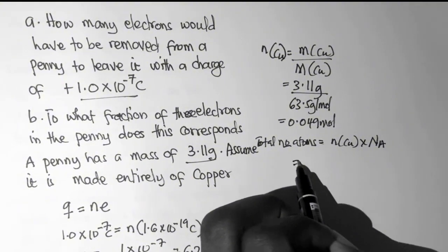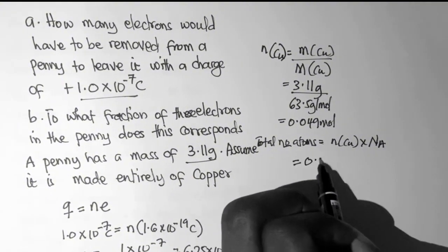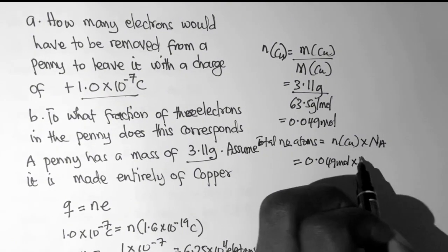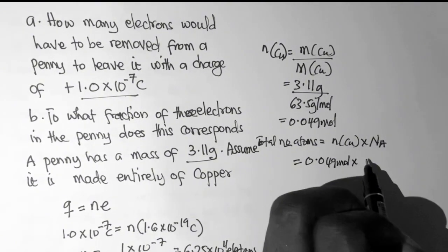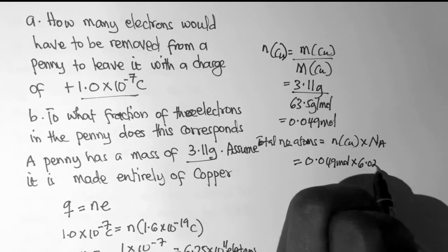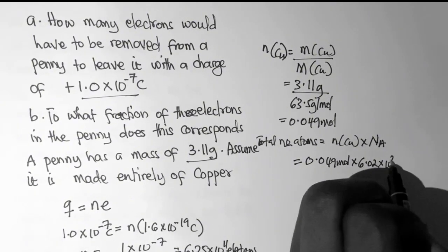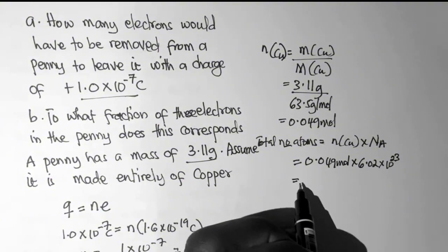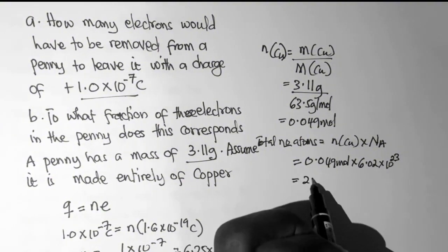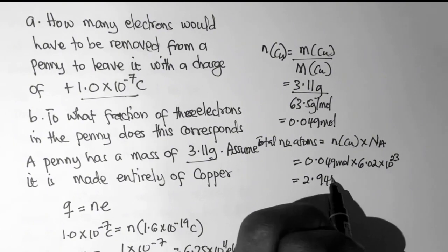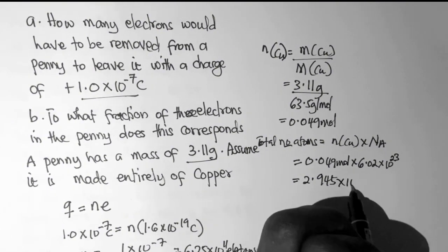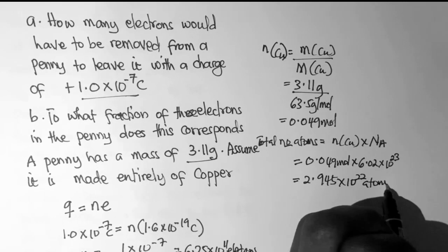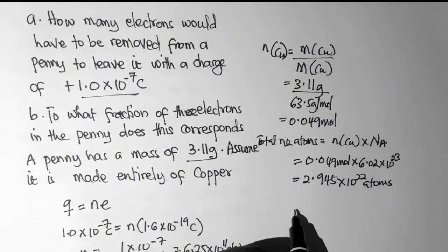The number of moles of copper is 0.049 moles, and Avogadro's constant is 6.02 times 10 exponent 23 atoms. If you compute this, you are going to get 2.945 times 10 exponent 22 atoms. So these are the total number of atoms in the penny.